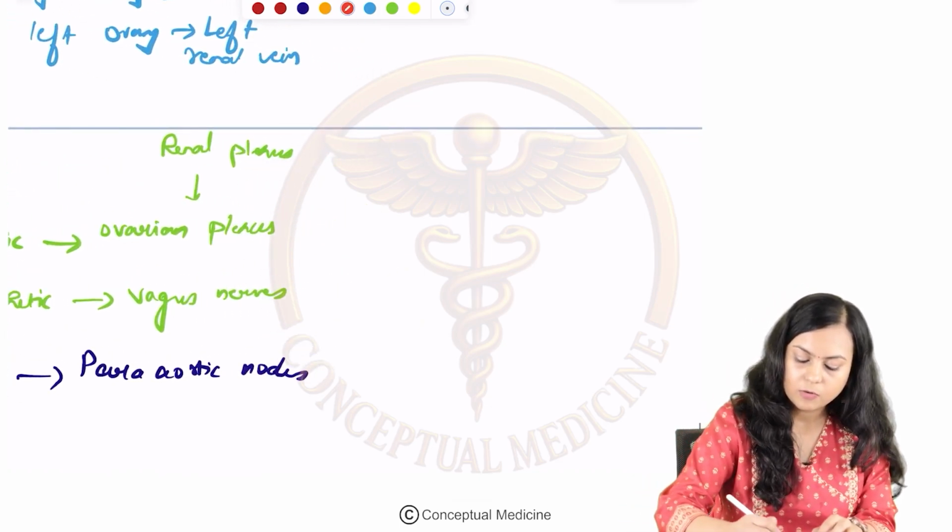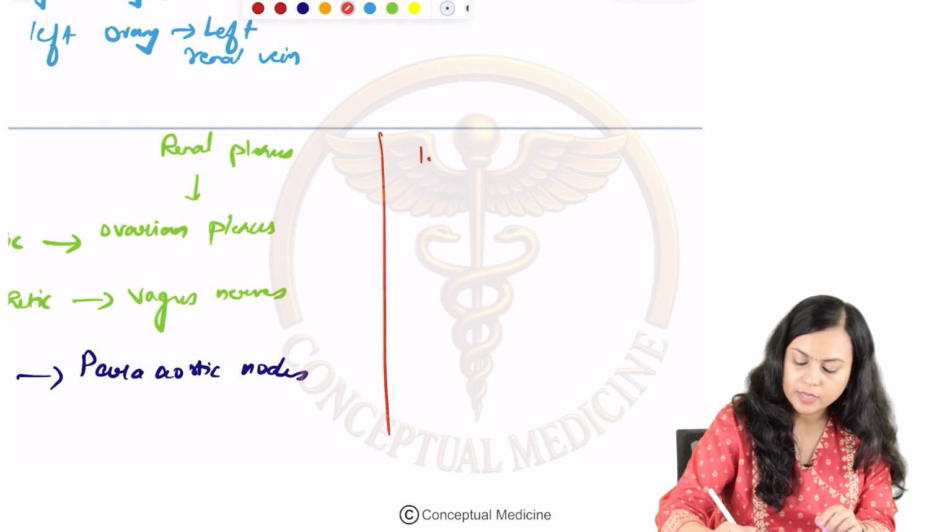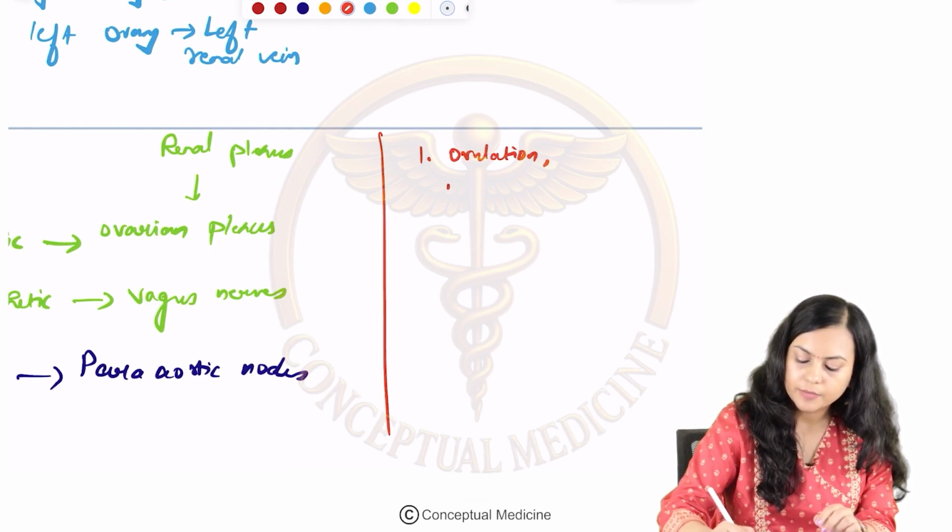Okay. Now, what is the importance of the ovaries? It plays a critical role in ovulation, menstruation, and conception.